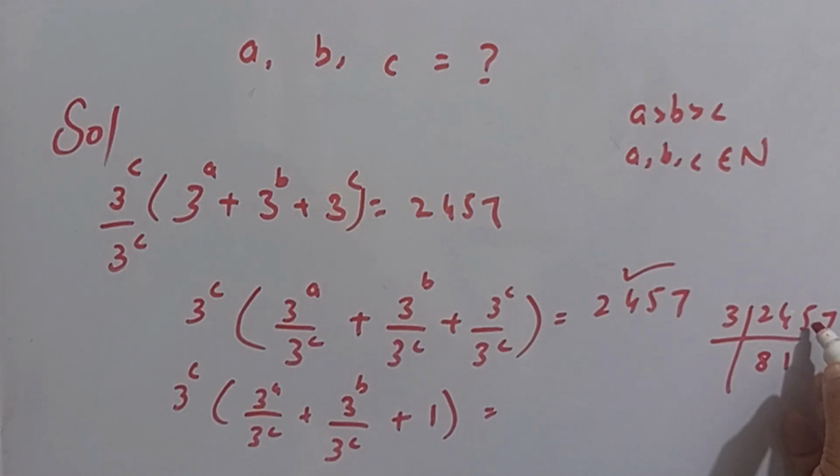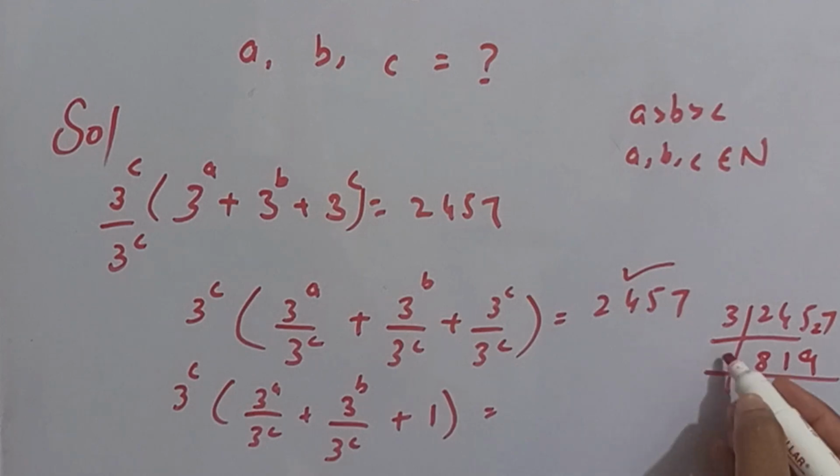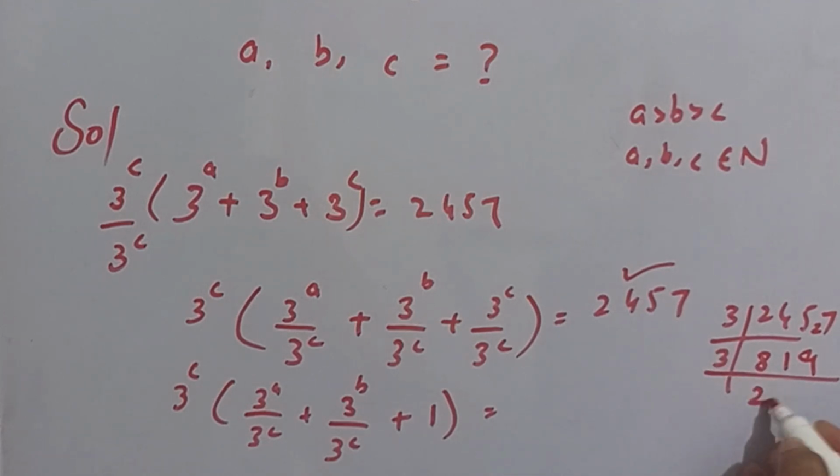Subtract 3 from 5, we get 2, and the next digit is a 7, making 27, and 3 9s are 27. Now again divide this by 3. 3 2s are 6, this is an 8, the remaining is a 2. Here we write 2. Then next is a 21, and 3 7s are 21, and 3 3s are 9.